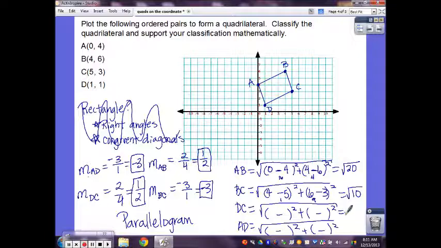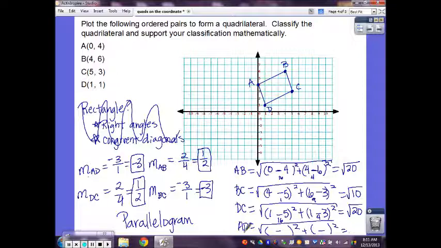DC, D's coordinates are 1, 1. C's coordinates are 5, 3. And 1 minus 5 is negative 4. Negative 4 squared is 16. 1 minus 3 is negative 2. Negative 2 squared is 4. 16 plus 4 is 20.